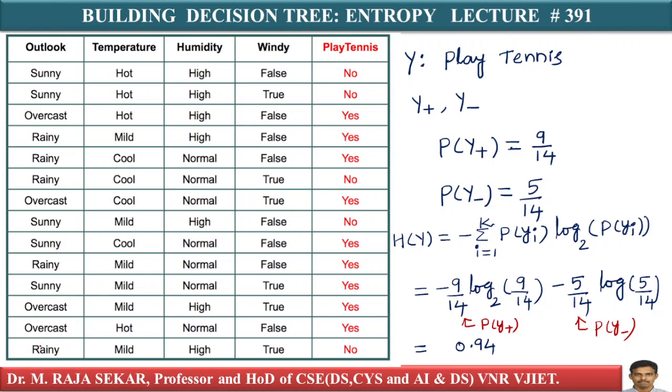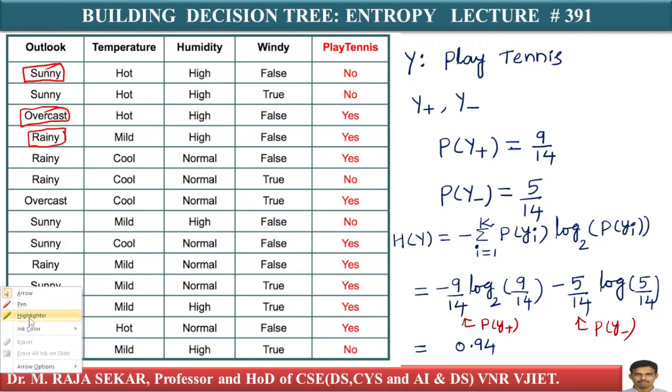Then we said, okay, if we decide to break up my data set using the outlook variable, outlook has 3 possibilities. Just check outlook, how many possibilities does it have? It has sunny, overcast, rainy. Therefore it has 3 possibilities.